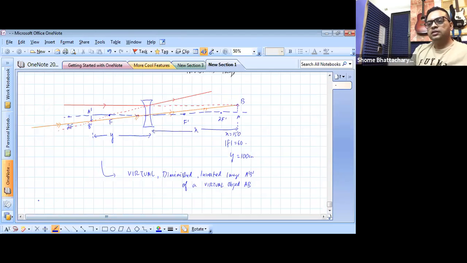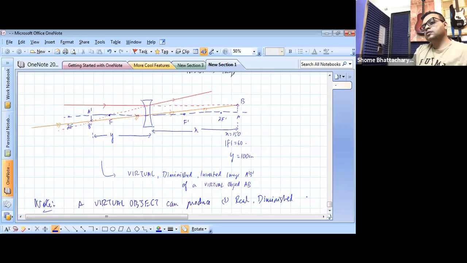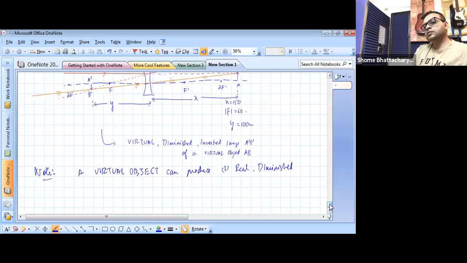So what we can see in conclusion is that a virtual object can produce a real diminished, virtual diminished, or virtual magnified image.